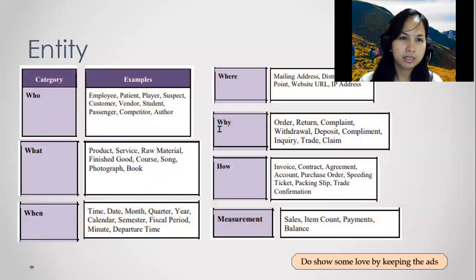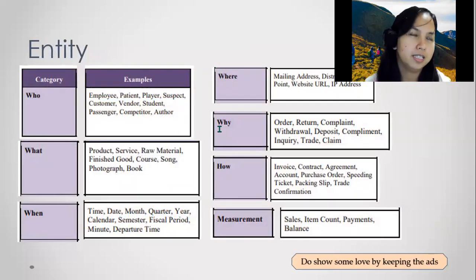Okay, we'll start with who. Who, by definition, refers to the person or organization of interest. That is, who is important to the business. Often, a who is associated with a party generalization or role, such as customer or vendor.